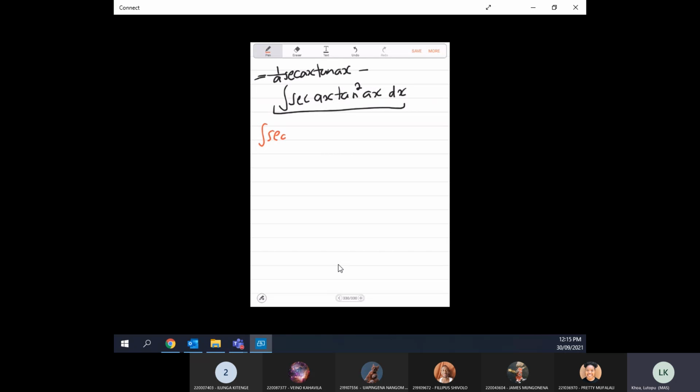Integral of sec ax tan squared ax dx, we have to use by parts. So u is going to be tan ax and du is a sec squared of ax dx, and then our dv is sec x tan x.